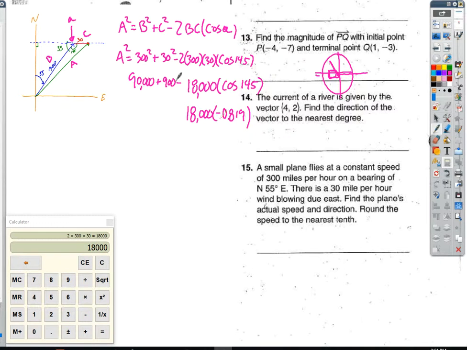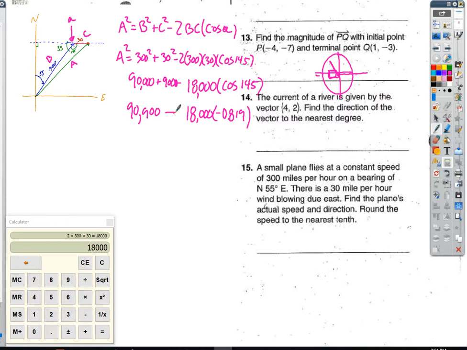And that's 900, right? So then 90,900 minus this thing here. So I'm going to take my number and multiply it by 18,000.